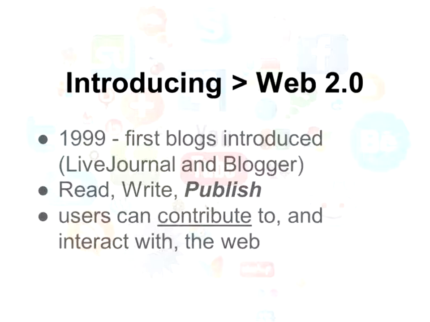It became something that involved read, write, and publish. Suddenly you could share your thoughts with everyone, and in that way contribute to and interact with everybody and the web. People really wanted it at that time.